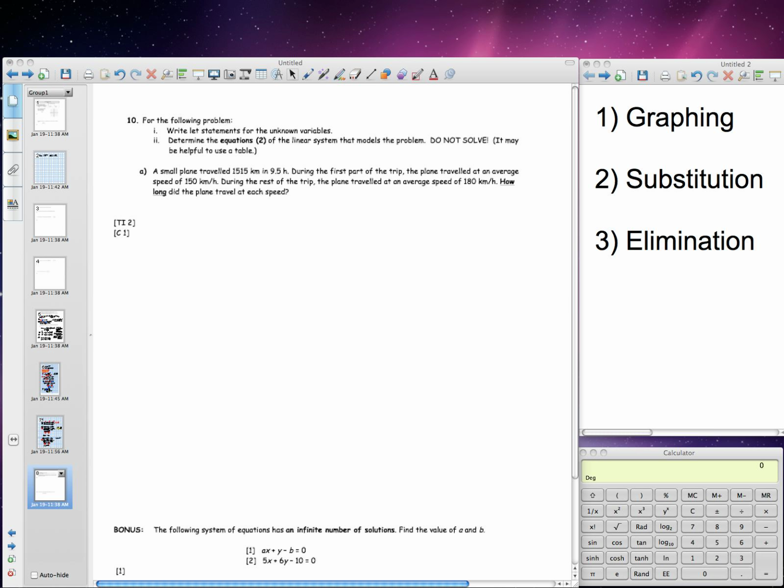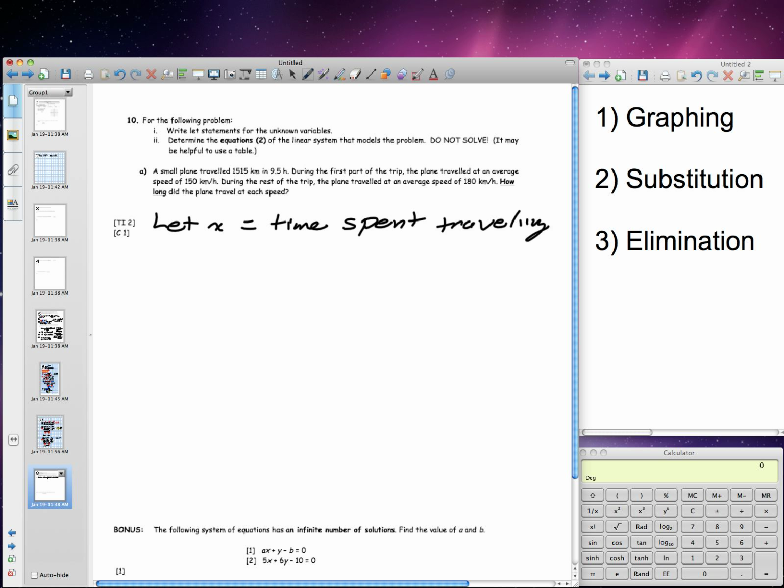So, we're going to set this up again. Let x equal time spent traveling at 150 kilometers an hour, because remember, distance is equal to speed times time. Let y equal time spent traveling at 180 kilometers an hour.